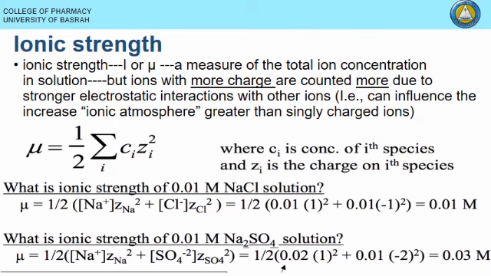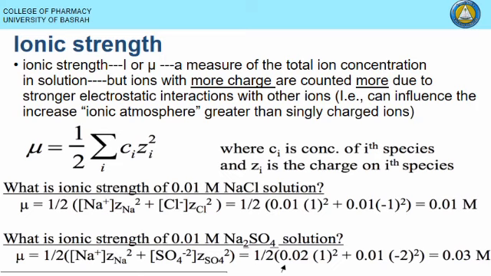For example, if we're talking about Na2SO4, the Na has only one positive charge, while the SO4 is double negative, so it has a stronger electronic cloud than that of the Na, and so on. Okay, how can we calculate the ionic strength?